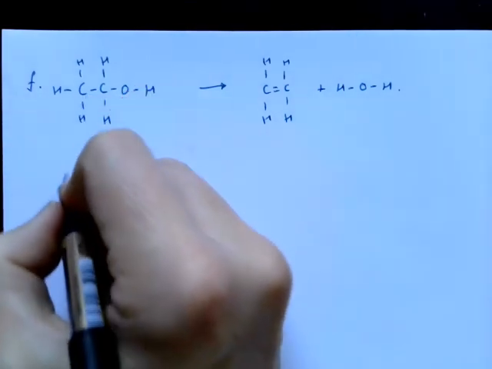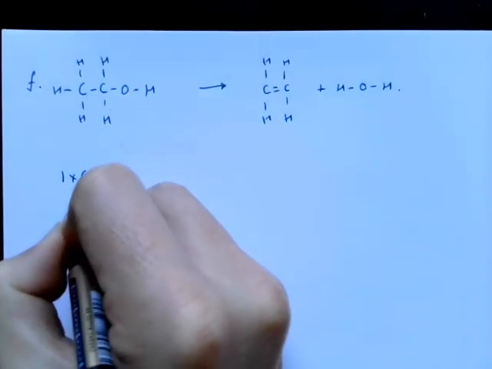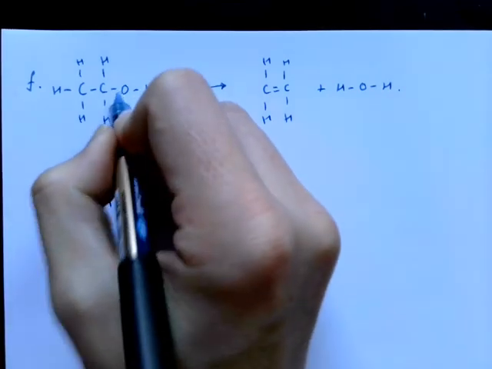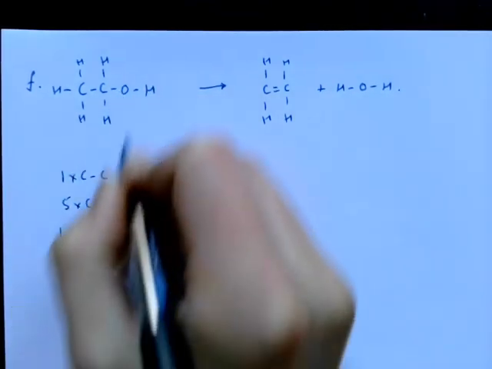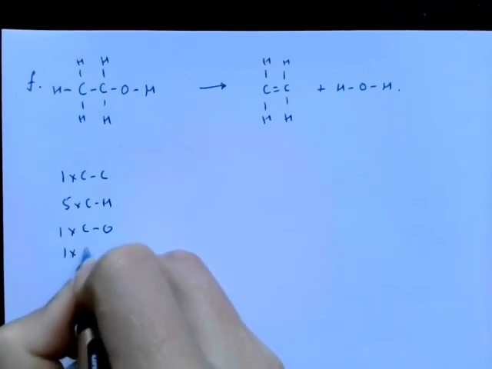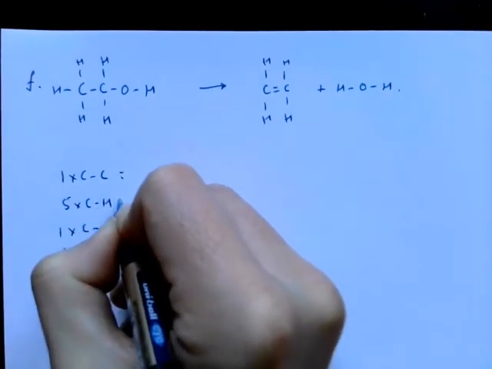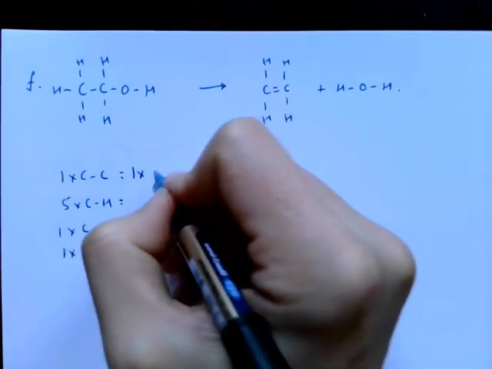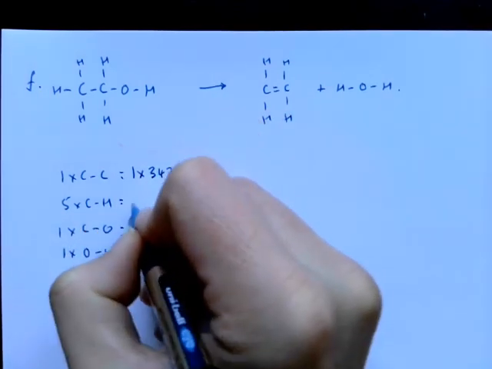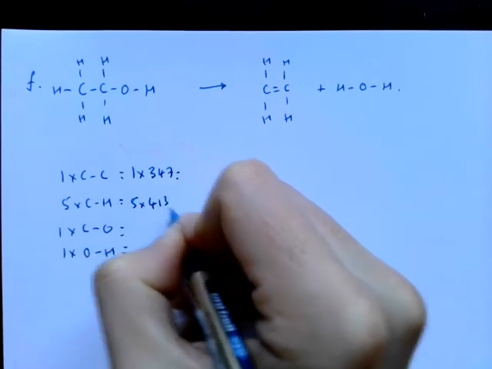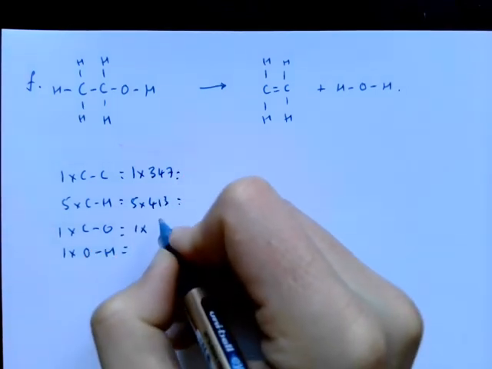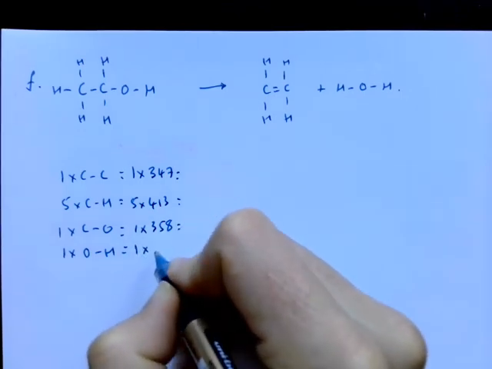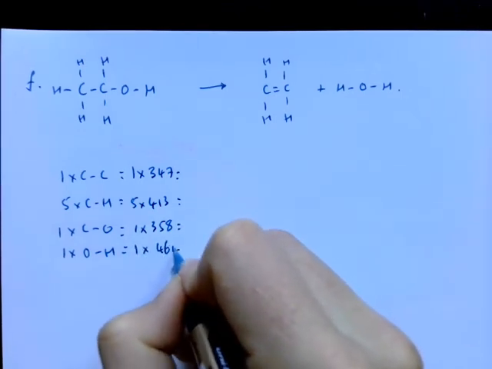Okay, so here we've got 1 times C-C, 1, 2, 3, 4, 5, 5 times C-H. I've got a carbon-oxygen bond, 1 times C-O, and an oxygen-hydrogen bond, 1 times O-H. If I write all those out, I get 1 times 347, 5 times 413, 1 times 358, and 1 times 464.